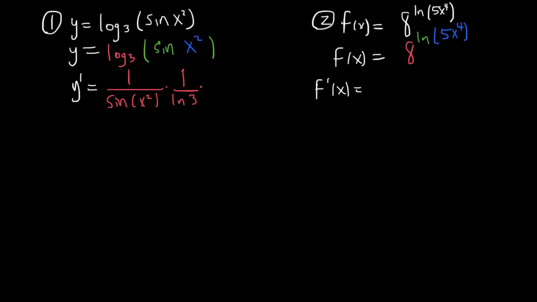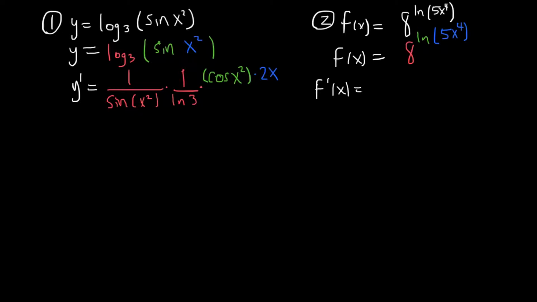Well, the derivative of sine of an angle is cosine of the same angle, and then by the chain rule a second time times the derivative of the angle, the derivative of x squared, 2x.